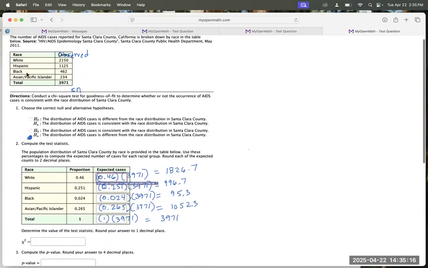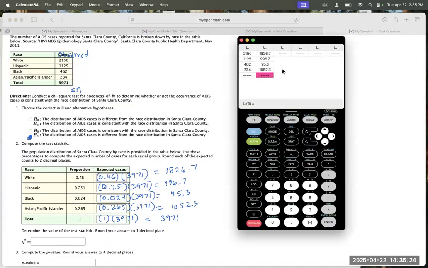Then I entered the observed in my L1 from the top table, and the expected ones that I just calculated, I entered in L2.